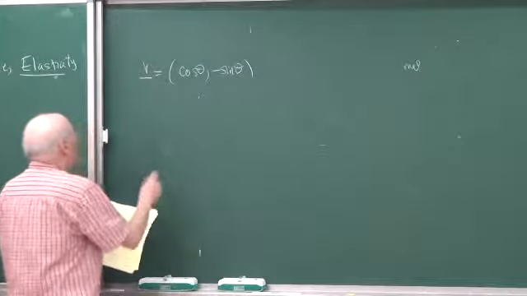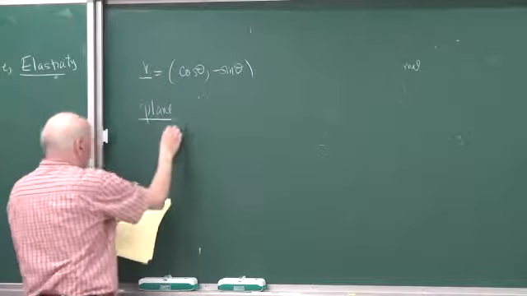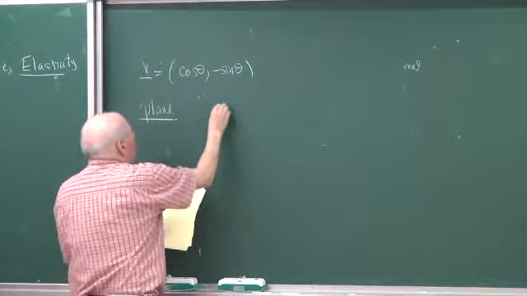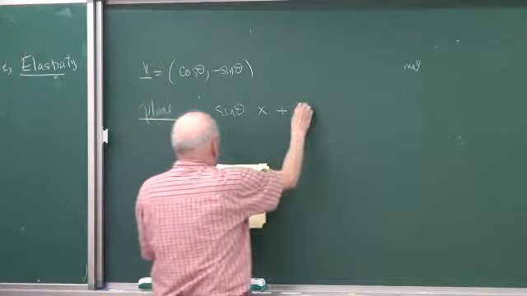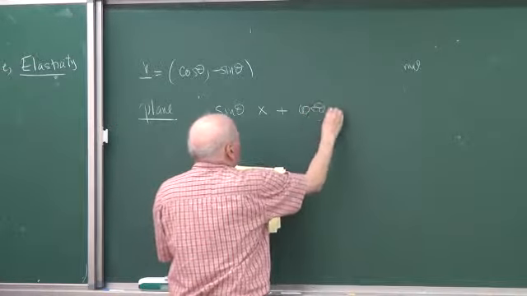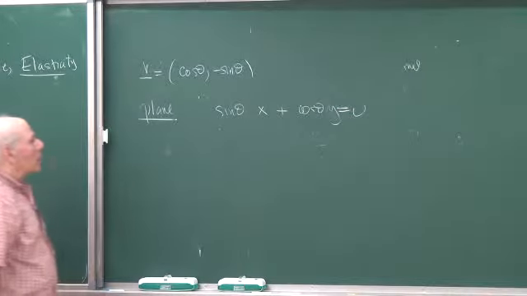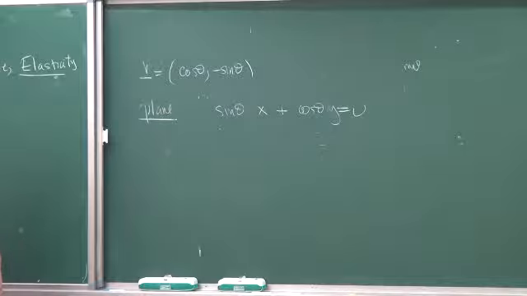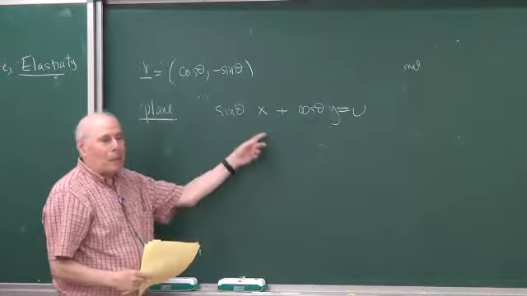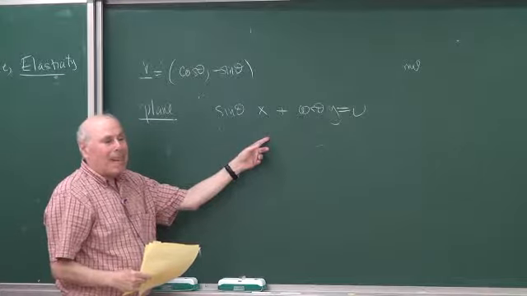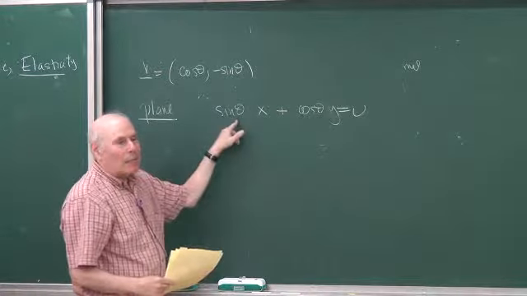Then what's the plane? The plane is sine theta x plus cosine theta y. And let's check, to make sure there's no mistake: how do we find the normal to a plane? It's the gradient.